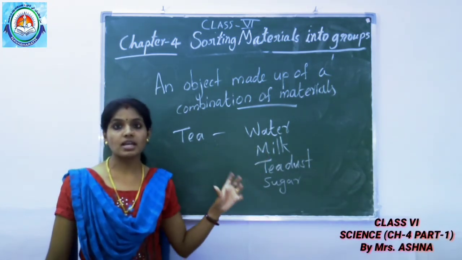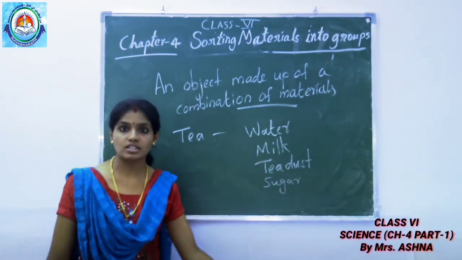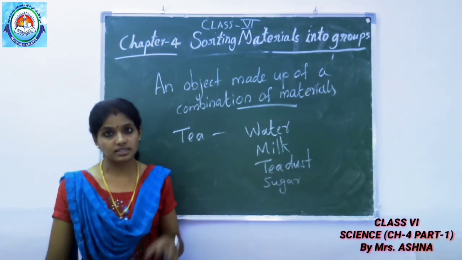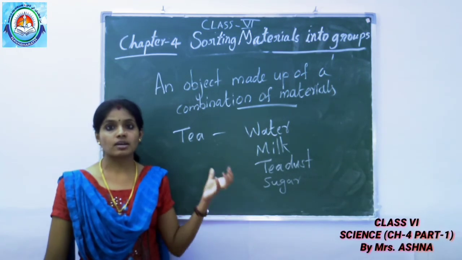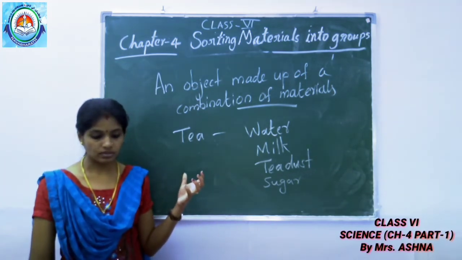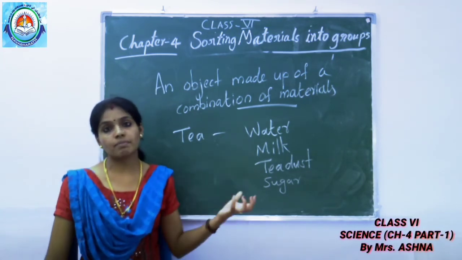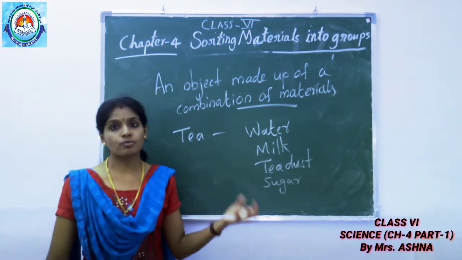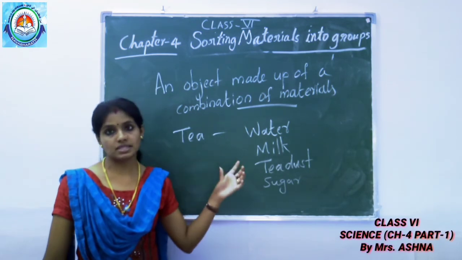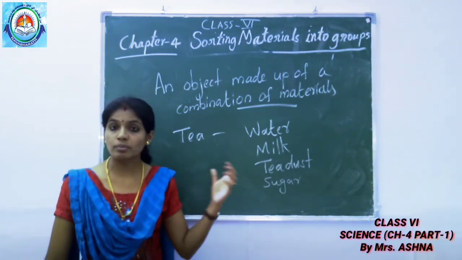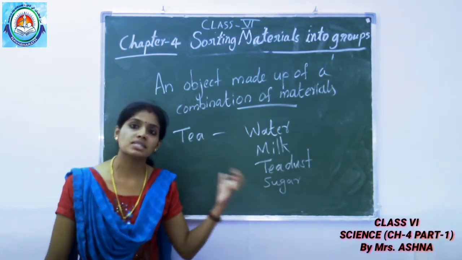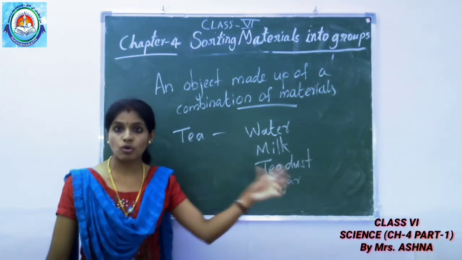Then the third, an object made up of a combination of materials. For example, biscuit. 4 materials are used to make biscuit, isn't it? Combination of 4 things. Which are they? Milk, sugar, white flour, vanaspati ghee.